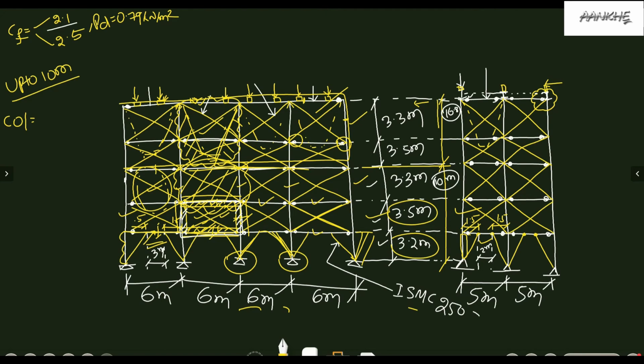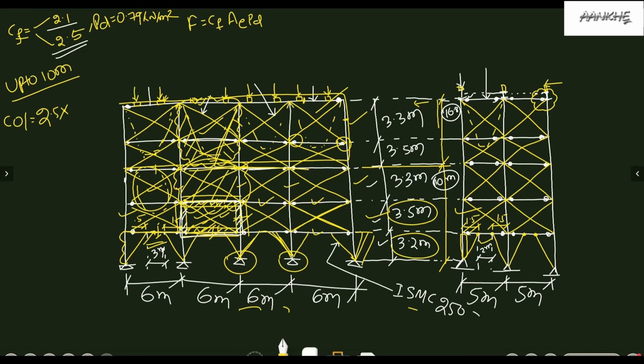Oh sorry, 2.5, because 2.1 is a lesser value that will be used in higher cases. It will be 2.5. Okay, F is equal to CF, AE and PD.